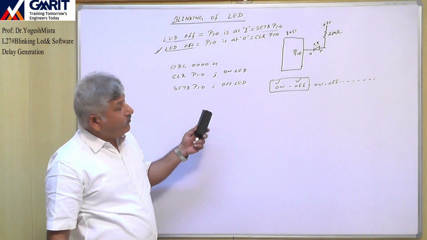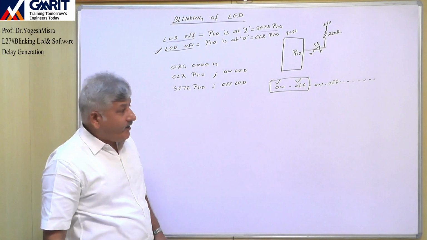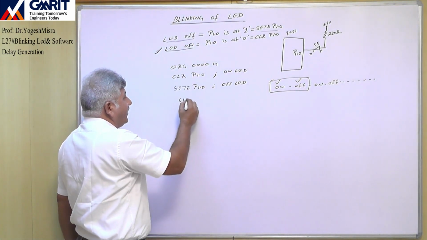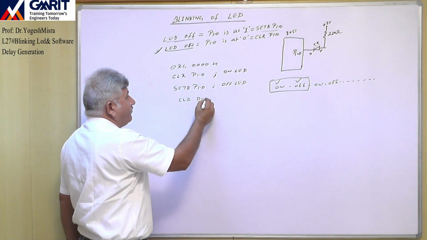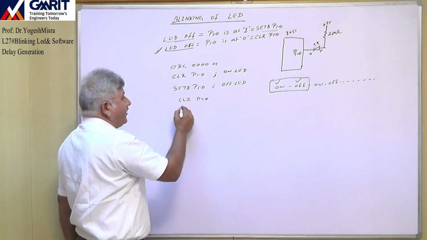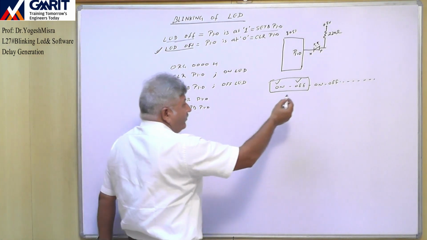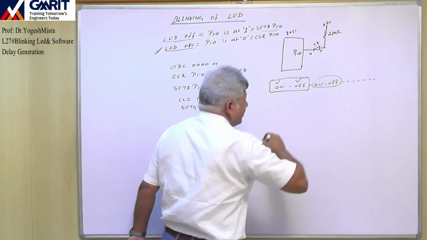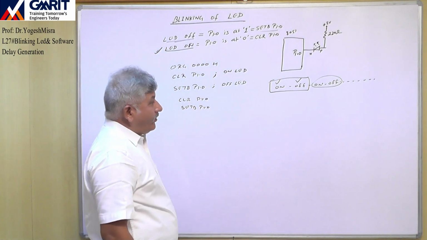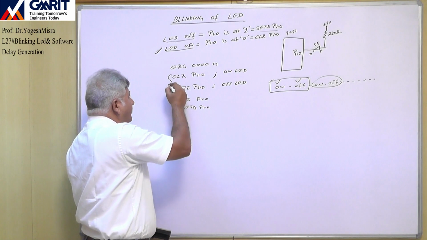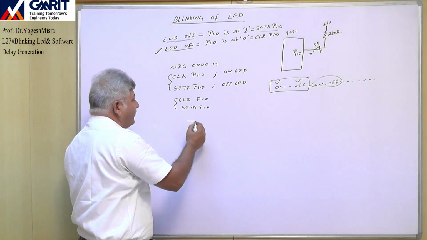Now again we have to switch on the LED, so again we have to write CLR P1.0, and to switch off the LED again we have to write SETB P1.0. Now this task is completed. Now again we have to perform the same task, so this set of instructions we have to write.